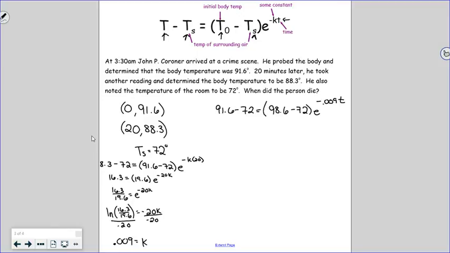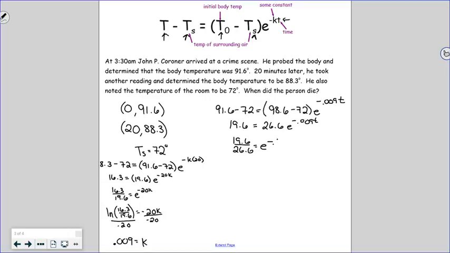Let's clean this up. We already talked about the 91.6 minus 72 would be, what, 19.6? 98.6 minus 72 is 26.6. Same solving process that we just did, so I'm going to divide by that 26.6 to get the exponential term by itself.